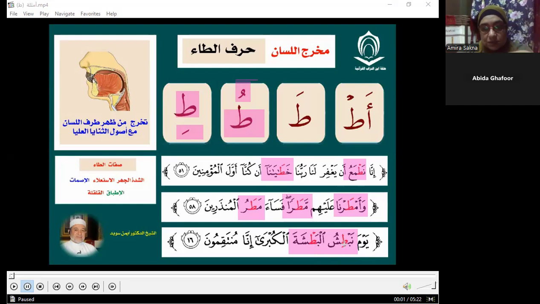Do not move the lips with the ta, and shin also. A lot of people used to move the lips with the shin. No. نبطشو. I round the lips when I pronounce the dhamma, but I do not move it with the shin. Do not say الباء, الباء. البطشة, البطشة. Can you repeat?